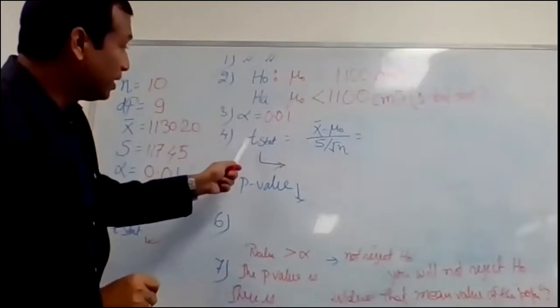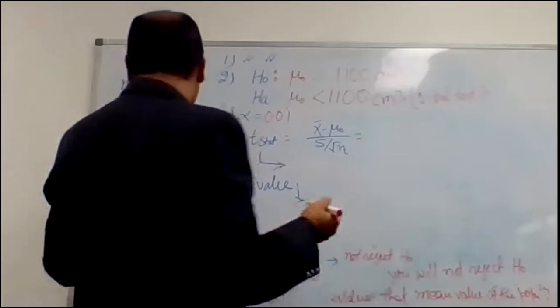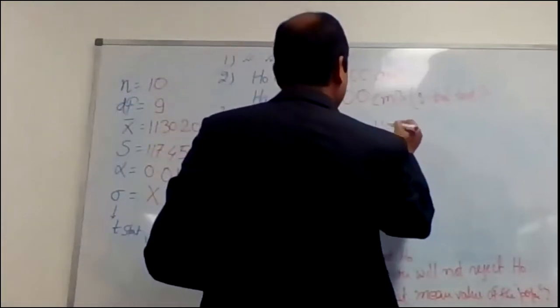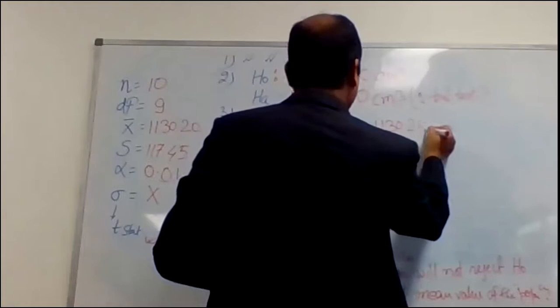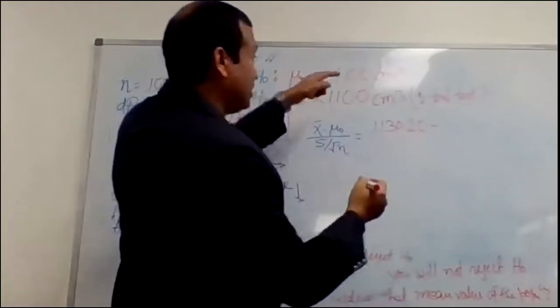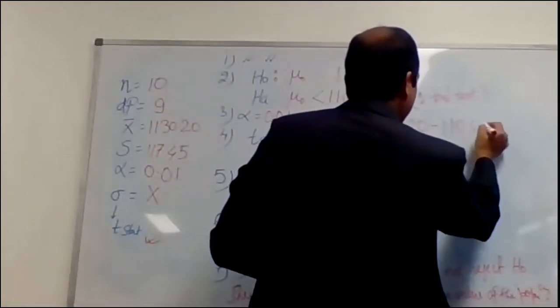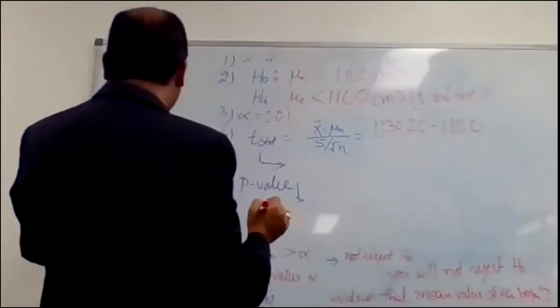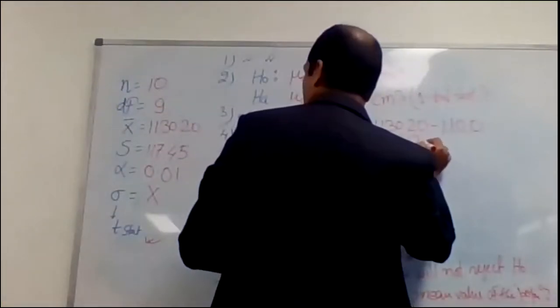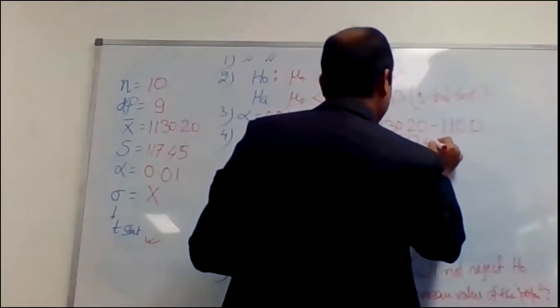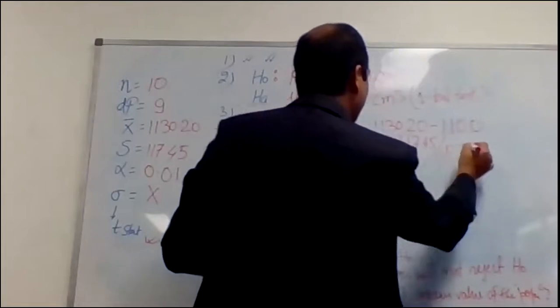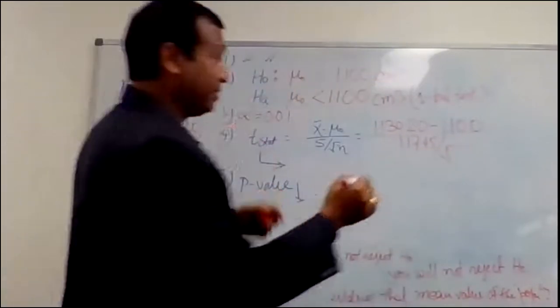Can we quickly get this t-stats value? X bar is 1130.20 minus mu naught 1100, divided by s, 117.45, divided by the square root of n, where n is 10.